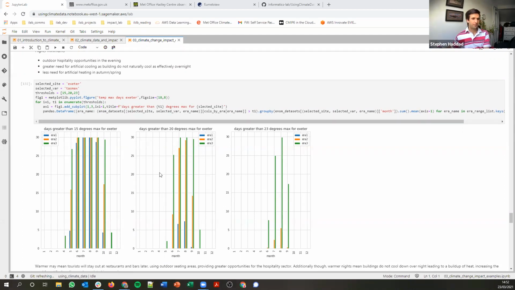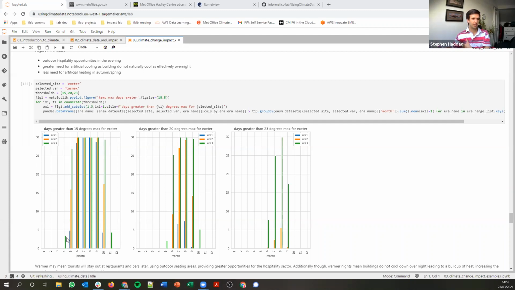So we can see, if your activity is affected, you decide your threshold is 15 degrees maximum. We can see that, well, okay, in summer that's kind of normal for Exeter, so kind of maxed out already in summer, but there are far more days greater than 15 degrees at the edge of the season.